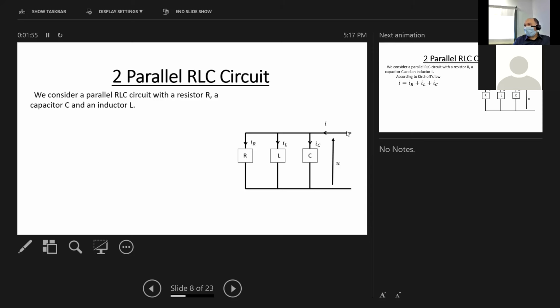So now you have an electric current which flows across the circuit, and it divides into these 3 paths. And so by Kirchhoff's law, the current that flows through this wire equals the sum of these 3 currents, right? This is Kirchhoff's law, or in French, la loi des nœuds, right?